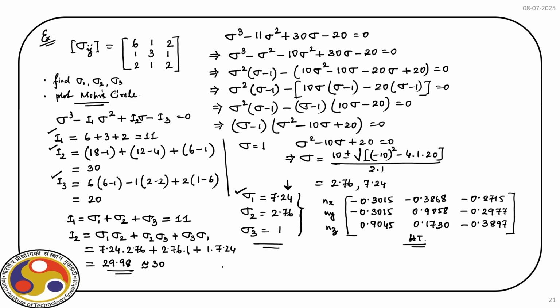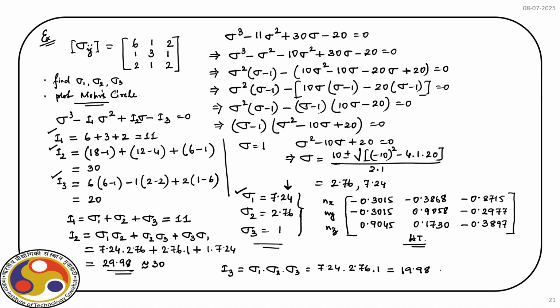So, the last one I3 is equal to sigma 1 times sigma 2 times sigma 3. So, we have 7.24 times 2.76 times 1, and if you find out this expression, we have 19.98.